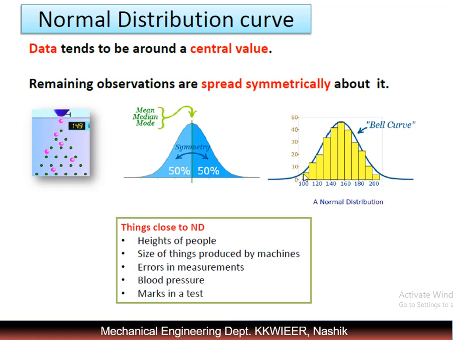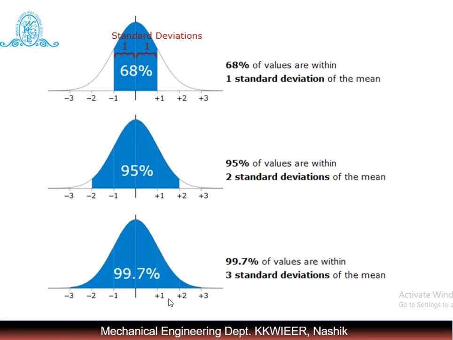Things close to a normal distribution curve are the heights of people, size of things produced by a machine, errors in measurement, blood pressure, or marks in a test. All this data can be handled by means of a normal distribution curve. These are some of the types of standard deviations from the mean.